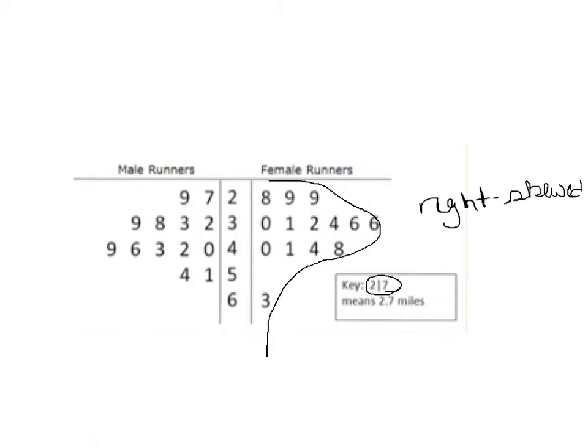That is, if I rotate my distribution around, I would see that I have an extreme value of 6.3, pulling my tail to the right, giving me that right skewed distribution.